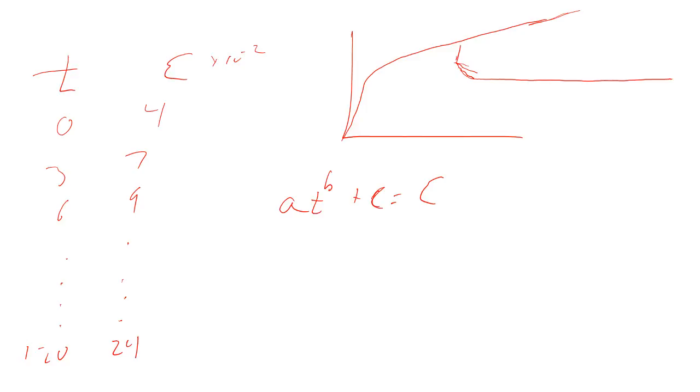Something less than 1 but greater than 0. So I just said A square root T plus C equals epsilon. And again, this is just a pick. That means the only thing you actually have to fit is A.